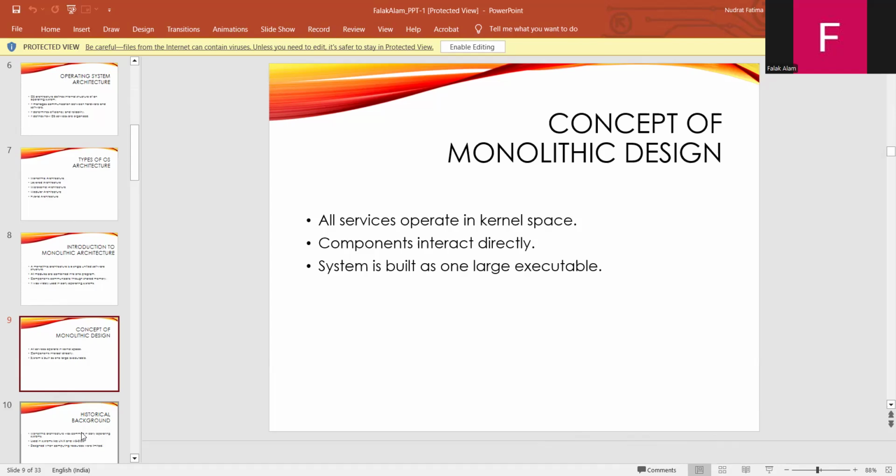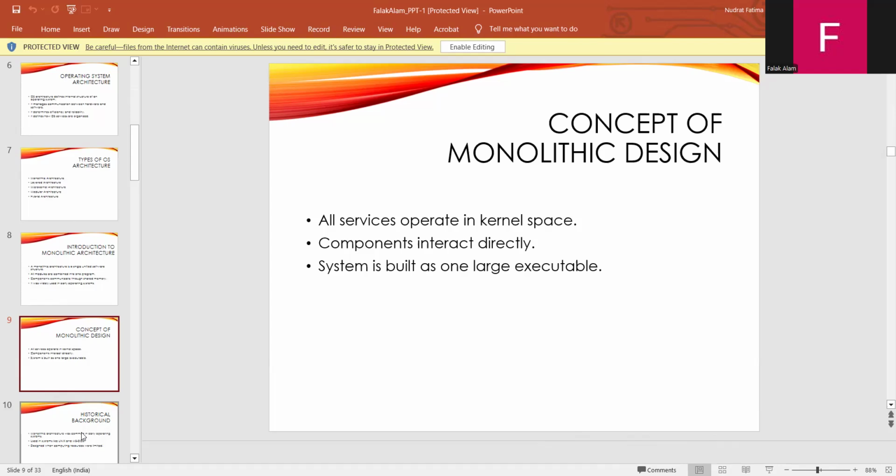Therefore, while monolithic architecture is efficient, it is also less reliable compared to modular architecture. So for large and complex systems, monolithic architecture is not suitable. It is efficient, but it is not as reliable as the modular architecture, because modular architecture is more reliable.